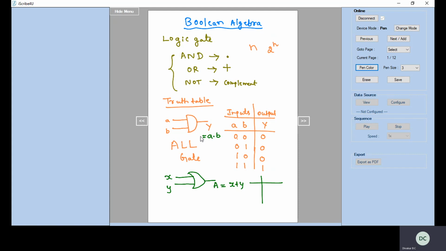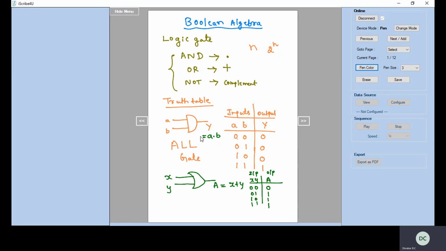The inputs are X and Y, the output is A. 00, 01, 10, 11. Since we are performing Boolean addition, 0 plus 0 is 0, 0 plus 1 is 1, 1 plus 0 is 1, 1 plus 1 is 1.